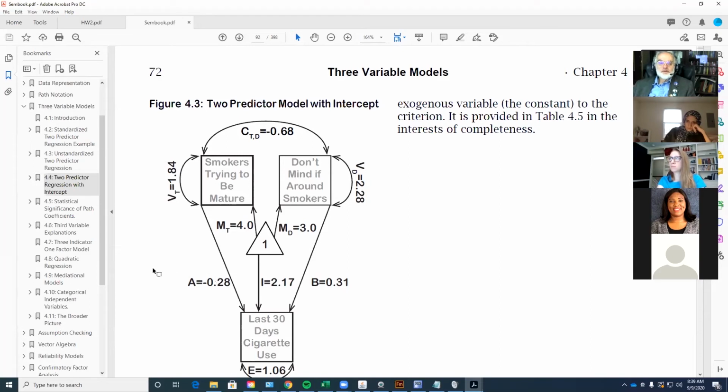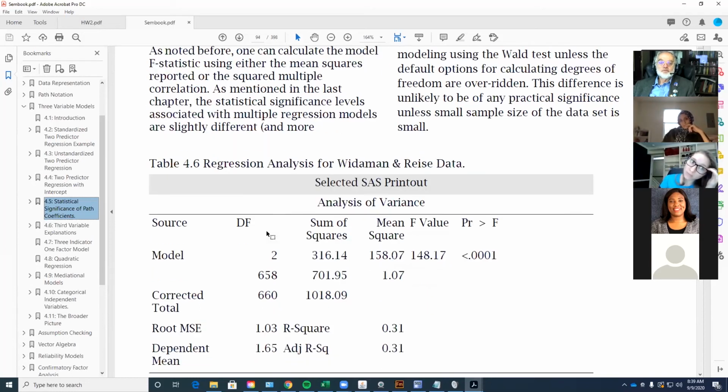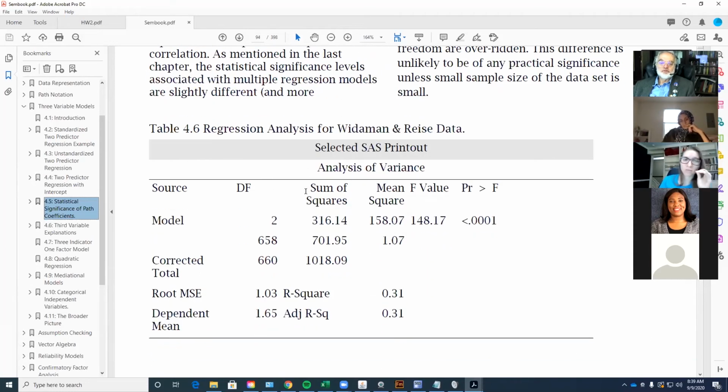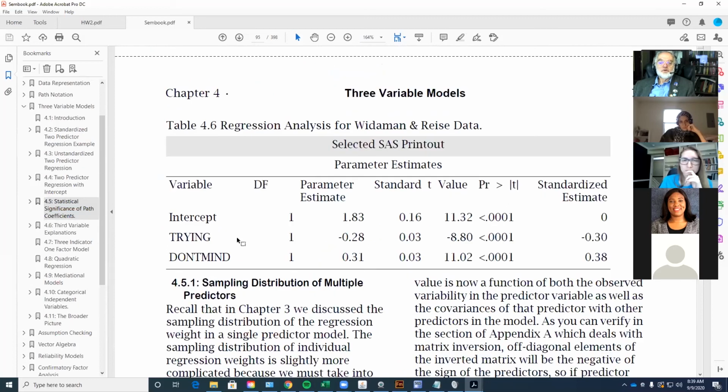So let's talk a little bit about statistical significance. When you do a regression, this is what the printout looks like if you're playing with SAS. You have a regression for the model. And downstairs, we have statistical significance associated with the intercept and our two predictor variables.